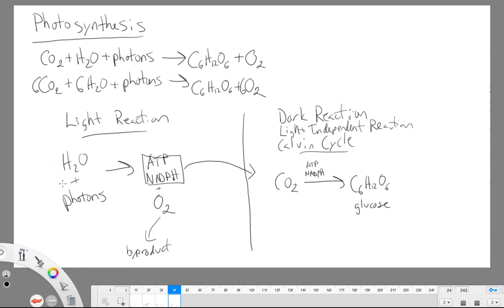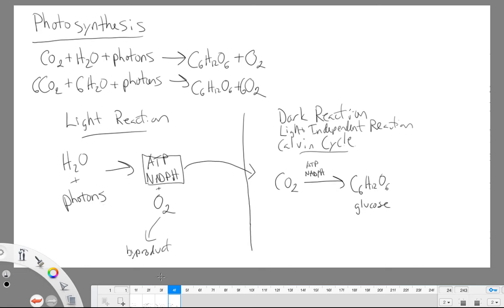And we break down the water molecule in this process, and that oxygen gets released, and we use the electrons and the proton as part of that electron transport chain. And then we take the ATP and the NADPH that we made in the light reaction, and we use it in this Calvin cycle to create glucose.